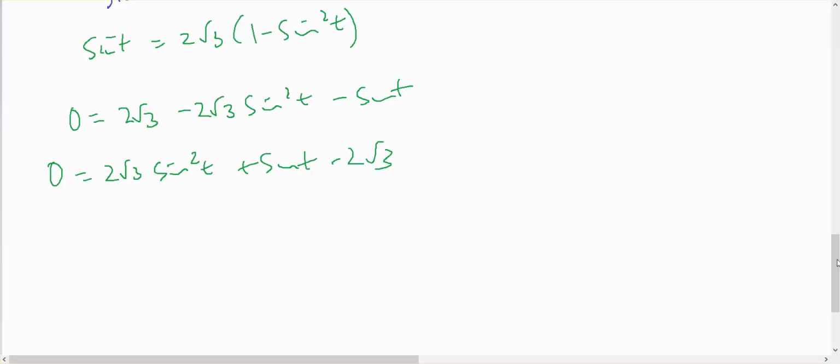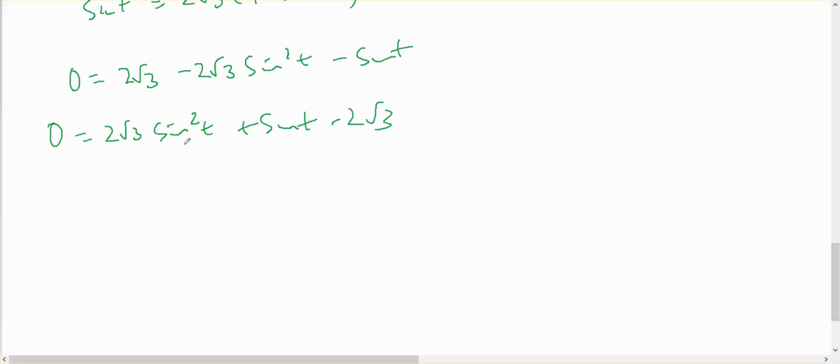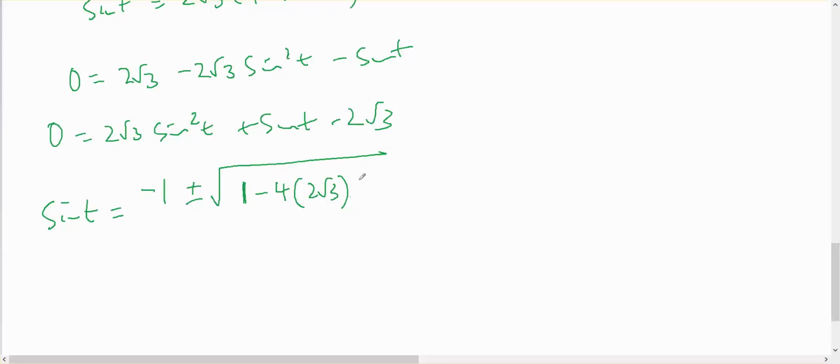I'll use the quadratic formula, and that will solve for the sine of t equals minus b, so minus 1, plus or minus the square root of b squared, which is 1, minus 4 times 2 root 3 times negative 2 root 3, all over 2a, which is 4 root 3.